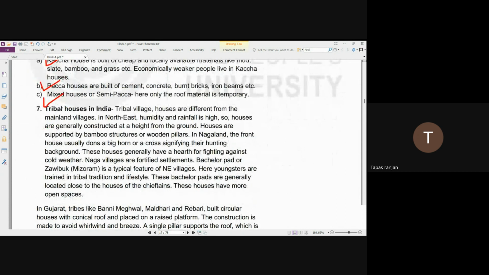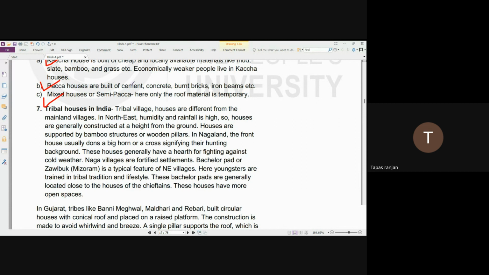You can dive into the tribal houses in India. If you visit Northeast India, even different tribal communities of the Eastern Ghats and Western Ghats, even the Vindhyan and Satpura ranges, you can look into the patterns, the structure, or the building material they used for the construction of their houses.